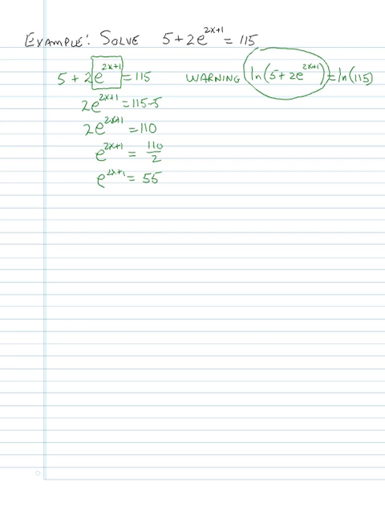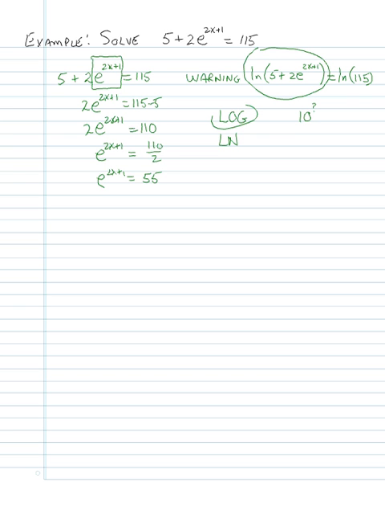Now remember, we've got the exponential portion isolated. And remember, we're going to take the log of both sides, but we're either going to use log or ln. And typically, it does not matter which one we use. But there is a preference. If we have in our equation 10 to a power, we want to use log.